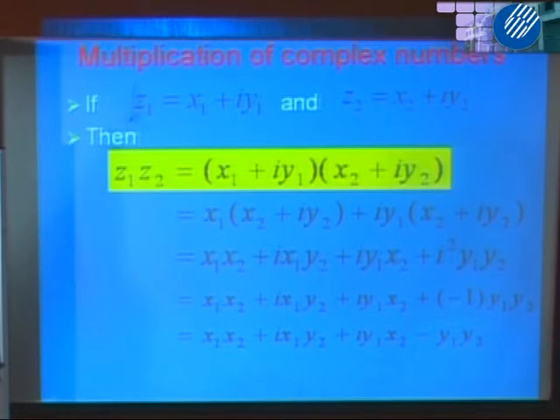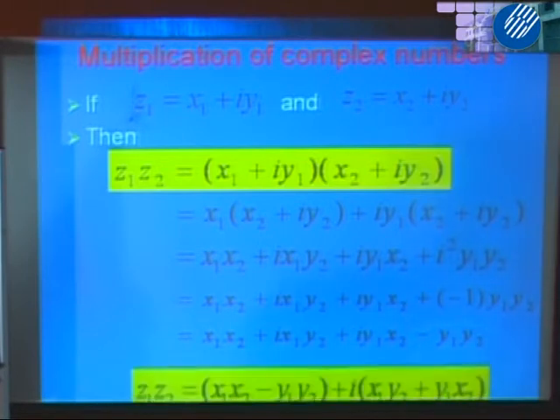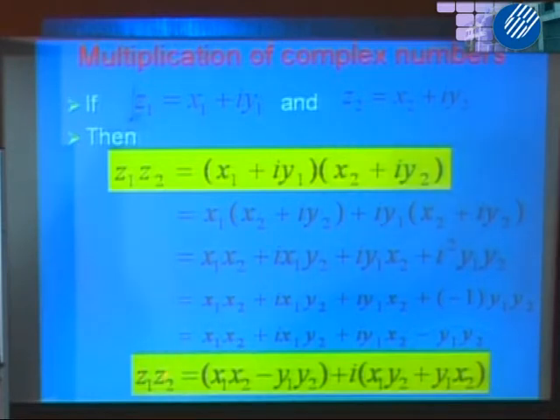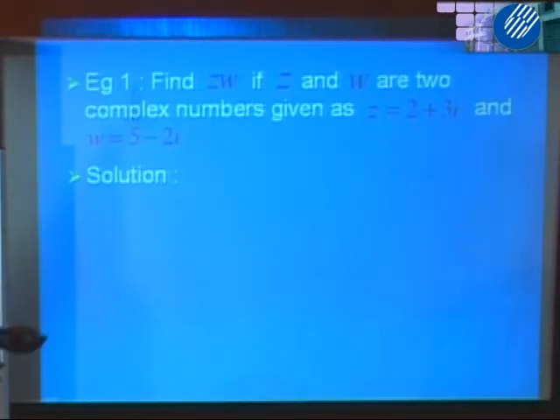Therefore when we simplify this, we get that z1 z2 is equivalent to x1 x2 minus y1 y2 as the real part, plus i times x1 y2 plus y1 x2 as the imaginary part. Now this is a formula-wise identification of the complex number. However, let us see an example.